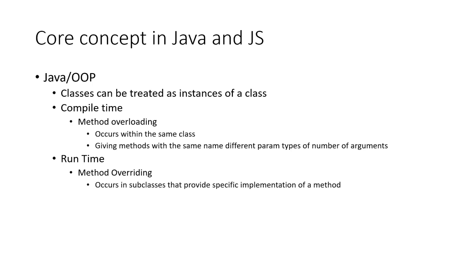Polymorphism allows for basically inheritance. So from a Java OOP standpoint, it's where classes can be treated as instances of a class. If you have a vehicle class, you can then create a car class and a truck class that extend the vehicle class, and so they inherit certain properties that all vehicles are going to have.